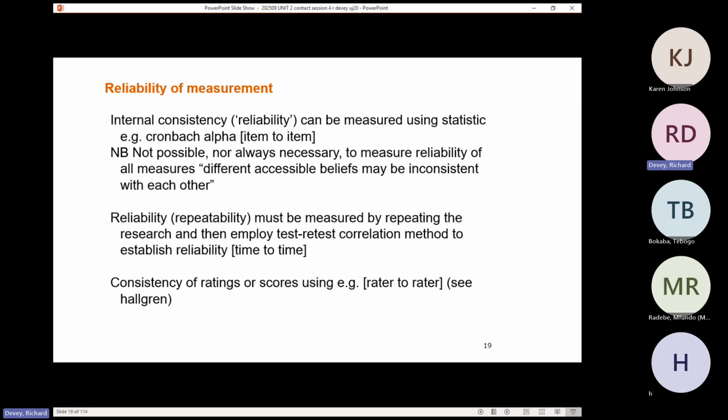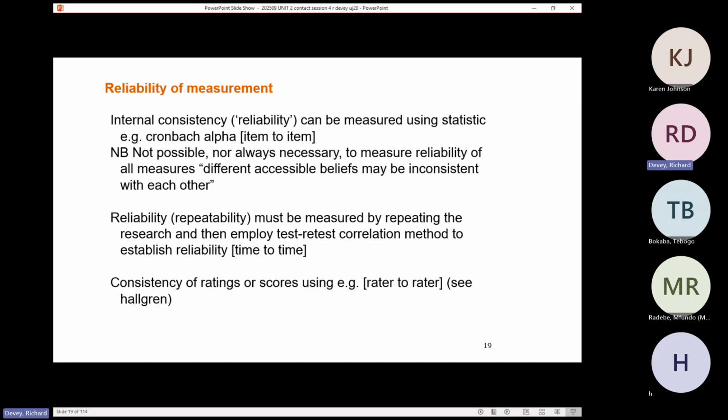And we measure this using a statistic, for example, Cronbach's alpha. This is what we could call item-to-item reliability. So if you have a set of questions measuring, say, self-esteem, we can measure the reliability or the internal consistency of those questions.